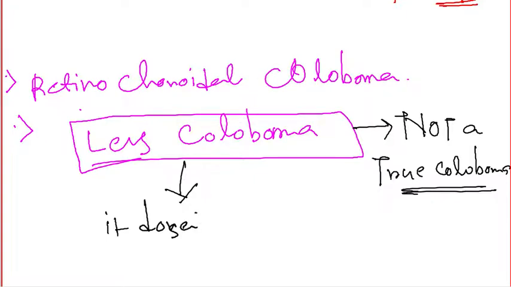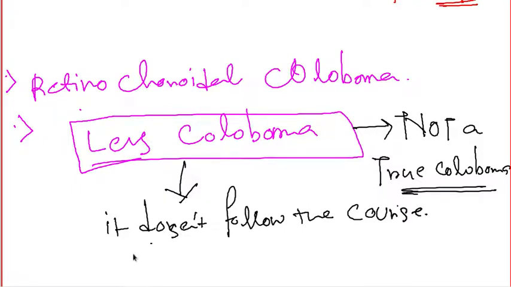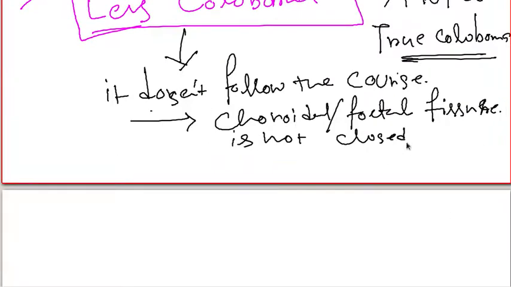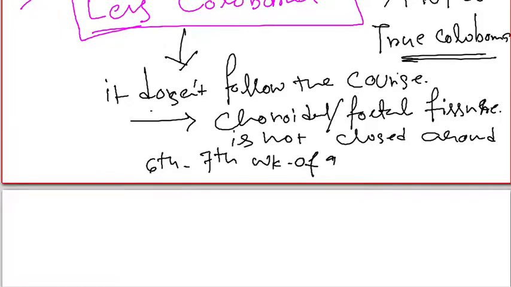Lens coloboma is not a true coloboma because it doesn't follow the course where the choroidal or fetal fissure is not closed around the 6th to 7th week of gestation.